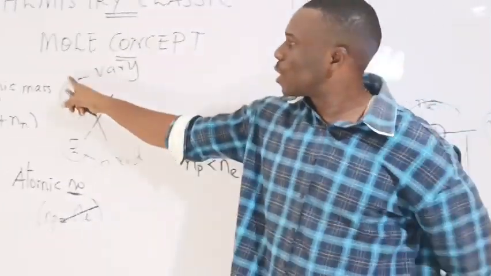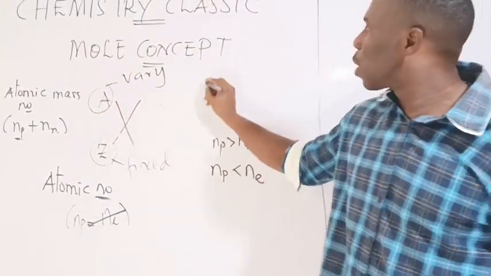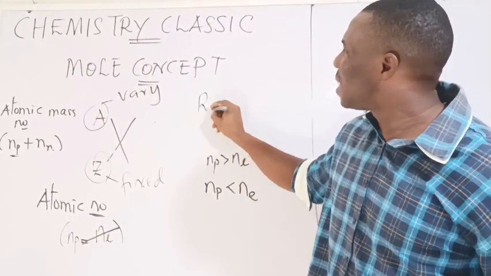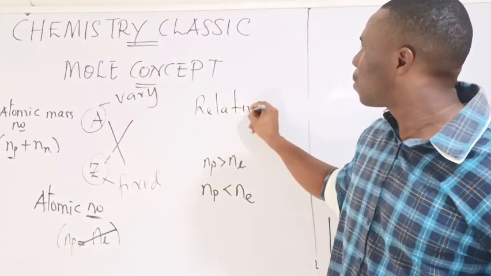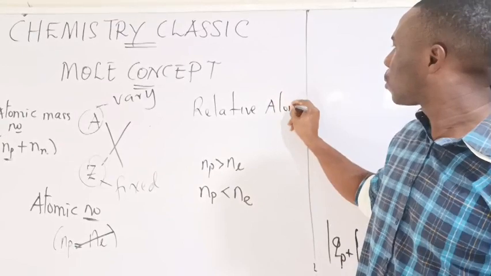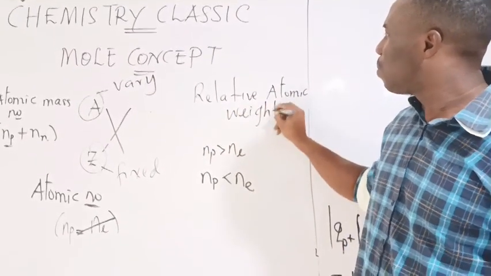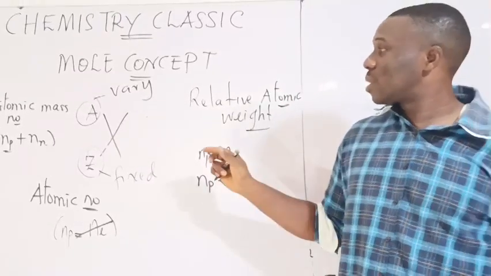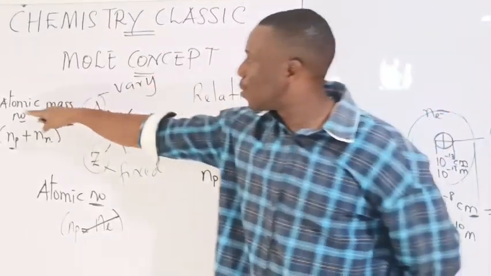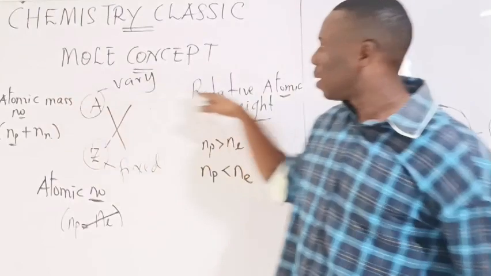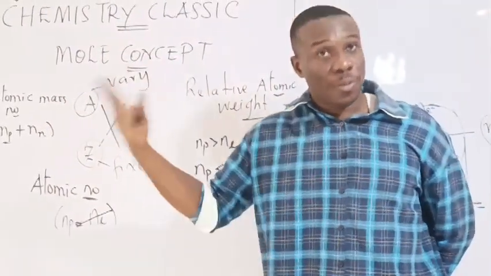That weighted average of the atomic mass number of an element, we call the relative atomic weight, or simply the atomic weight. So it's the weighted average of this number for atoms of the same element.